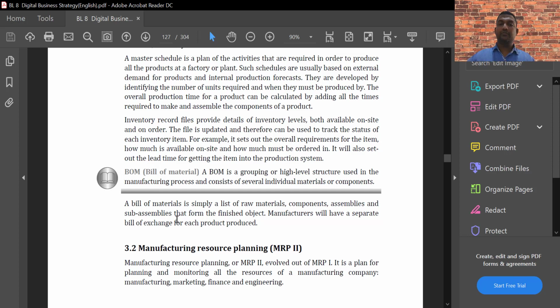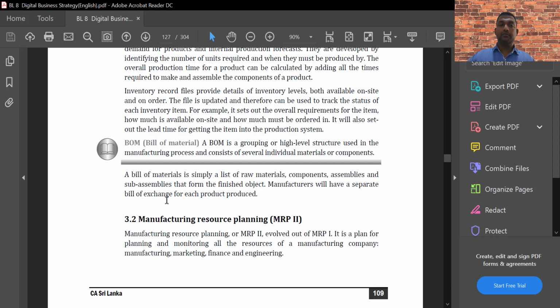So this is explained here in the bill of material section. Is a grouping or higher level structure used in the manufacturing process and consists of several individual materials or components. So this is basically the raw materials, the components, the assemblies, sub-assemblies, and that form the finished product.